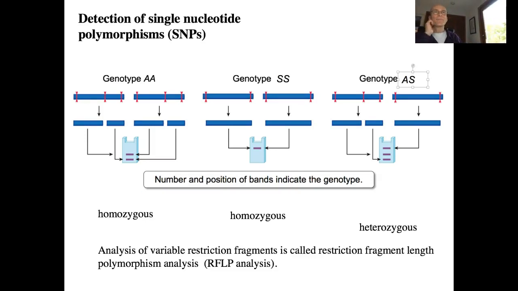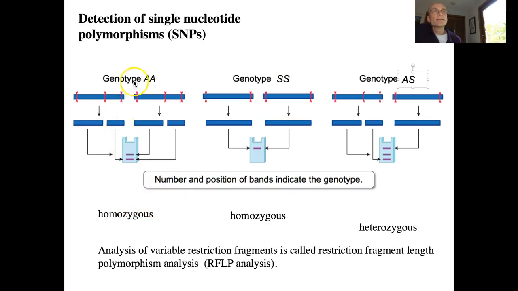Okay, so if you look at this example here, where we are detecting single nucleotide polymorphisms from different organisms, from different individuals, and we are using that for fingerprinting. What I want to point out is how this particular analysis can be used to determine whether an organism is homozygous or heterozygous.